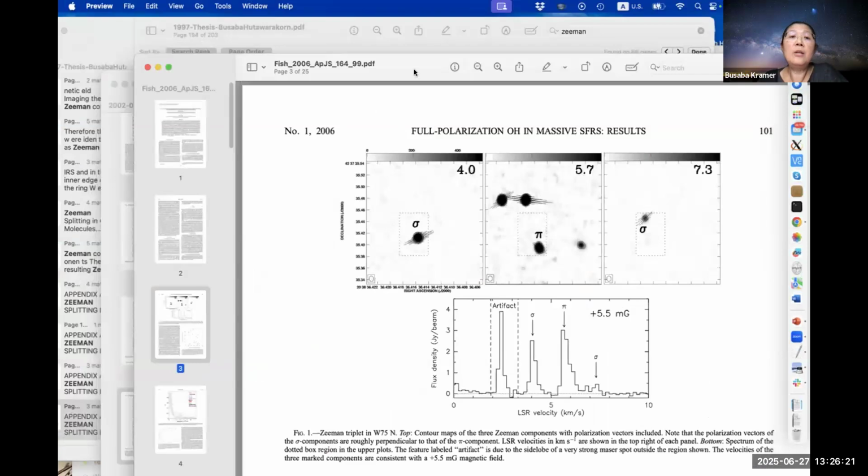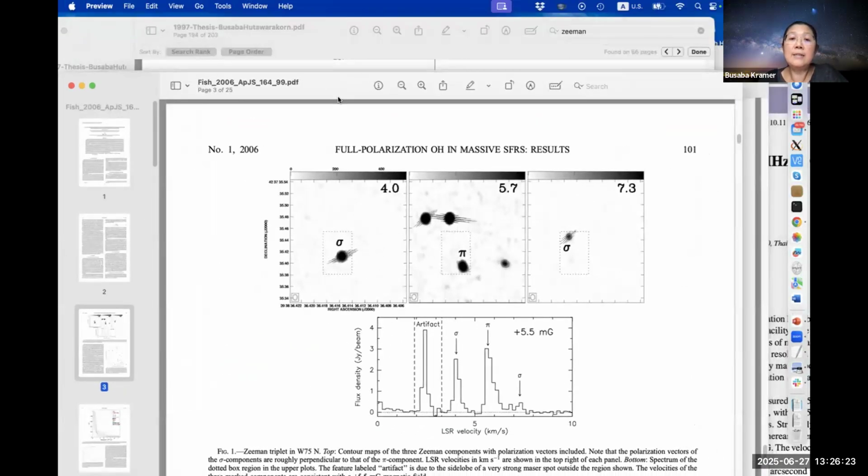But later on in 2006, this is an experiment by Fish et al. Fish et al. observed this source using the VLBA, which is higher resolution than MERLIN. But in general, we said MERLIN can resolve a maser spot. However, you can see that the maser spot itself is still very compact.